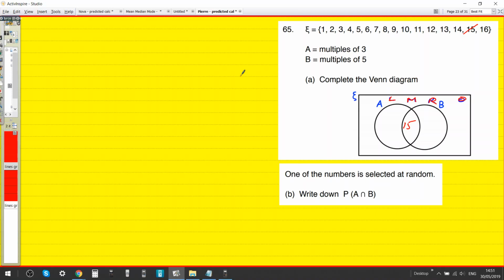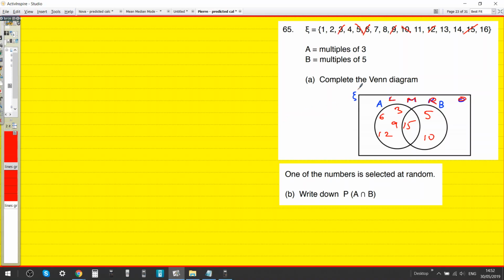So 3, 6, 9, 12, and the rest. So for 5, it would be 5, 10, 15's already there, and that's it.